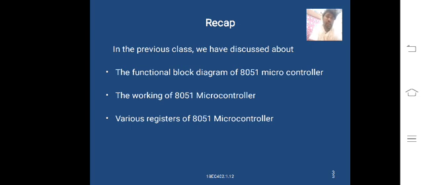Then we have one more special purpose register, the program status word. The program status word is nothing but a flag register. It is represented by the PSW register, also called the flag register.